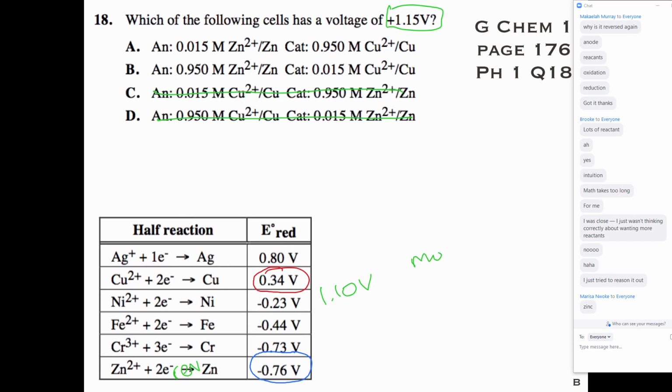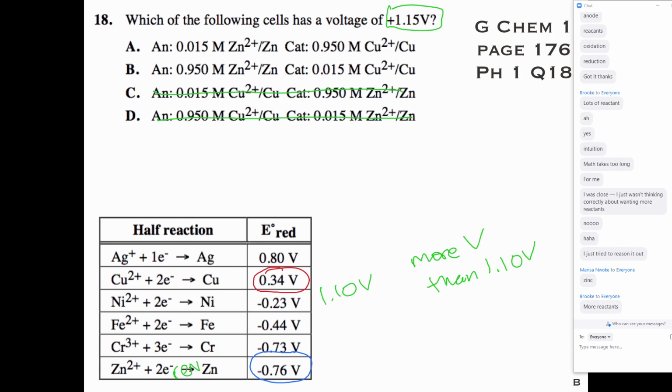I need more than 1.10. So therefore, do I need more reactants or more products? More reactants. So for oxidation, this is my reactant.